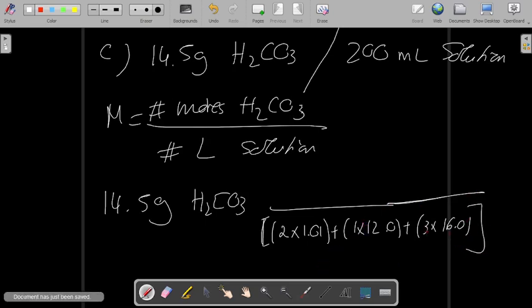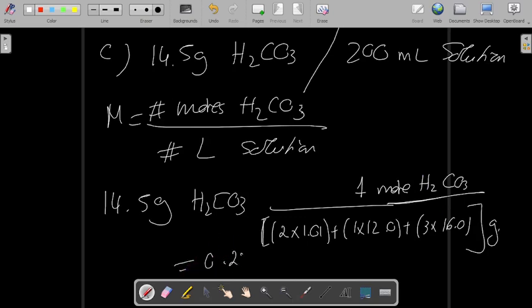I don't call them AMUs, I call them grams, and I say this is 1 mole of that substance, so that's 1 mole of the acid. I do the math in my calculator, and I find that I have 0.234 moles of the carbonic acid.